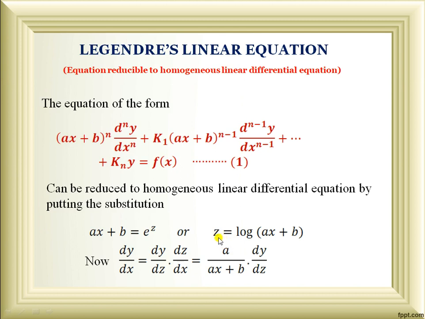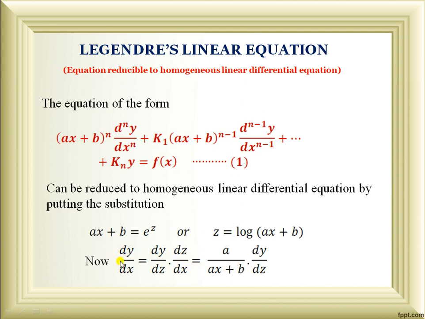After differentiating z with respect to x, I will get a by (ax plus b), because the log differentiation gives 1 by x, and differentiating ax, I will get a. So moving ax plus b to the left-hand side, I will get (ax plus b) into dy by dx is equal to a into dy by dz.